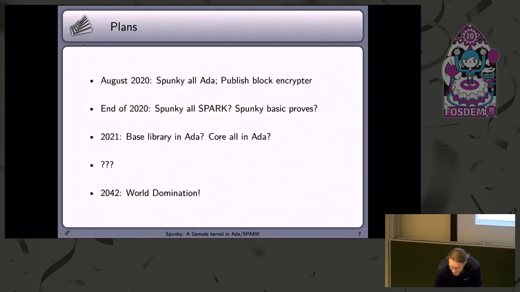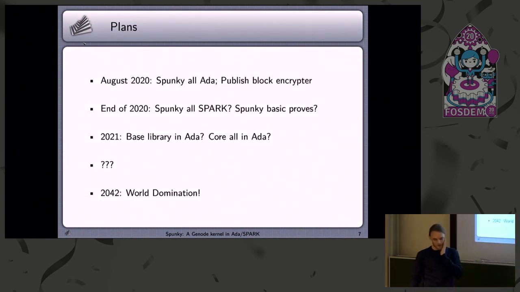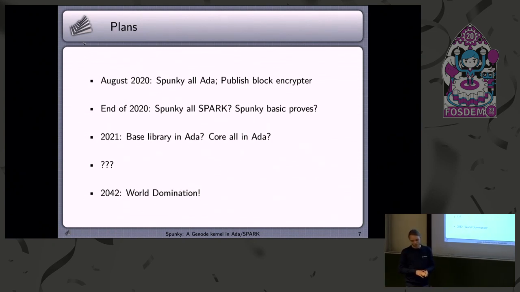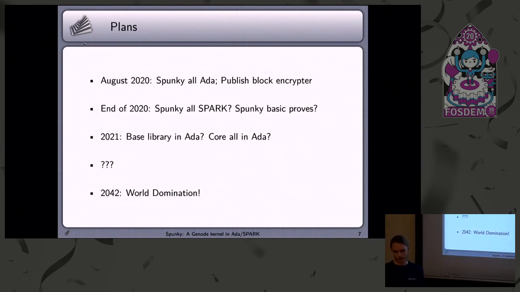Okay, so what are the plans? This year, I definitely want to put all of Spunky in Ada. That's the first thing. I want to get rid of the residual base HW code and all the C++ stuff. Then we want to publish the block encryptor, and maybe next year I can show it here, hopefully. And until the end of 2020, I want to do a second step.